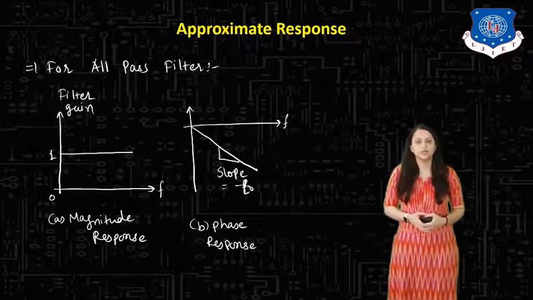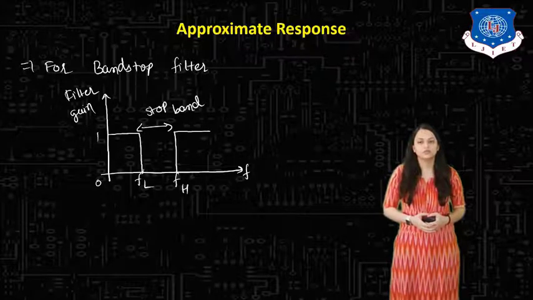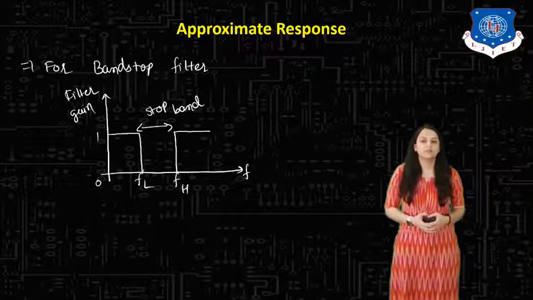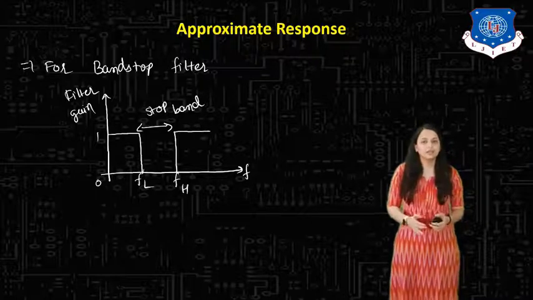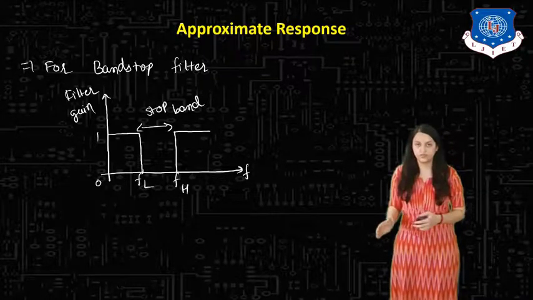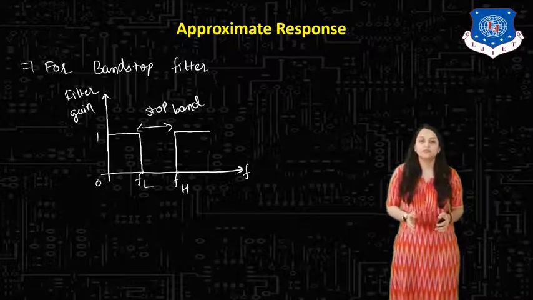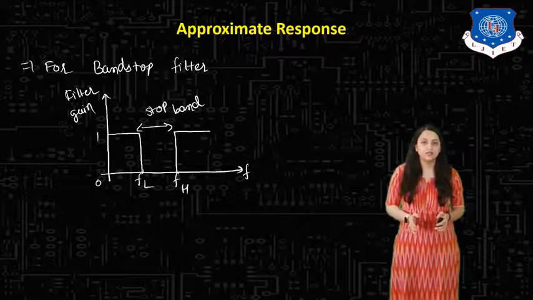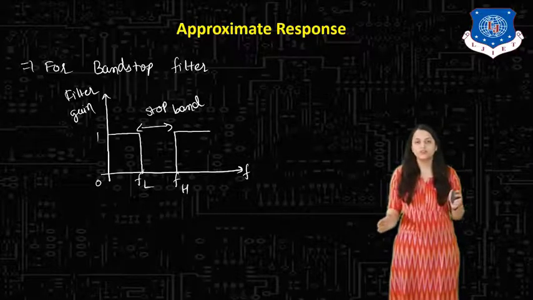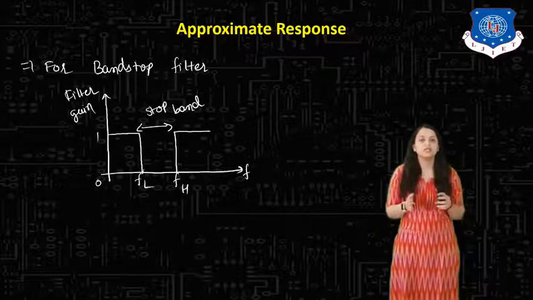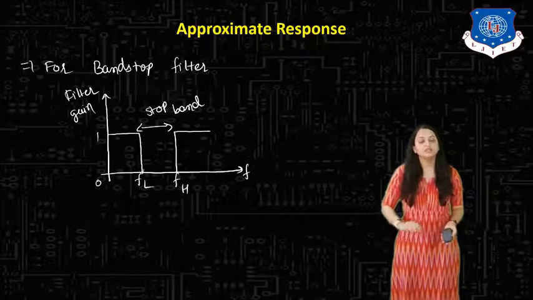Okay. Now let us see the response for the band stop filter. This is exactly opposite to that of the band pass filter, in which a particular frequency band is allowed to pass. In the band pass filter, the range from lower frequency to higher frequency is the pass band. But here it is reversed.